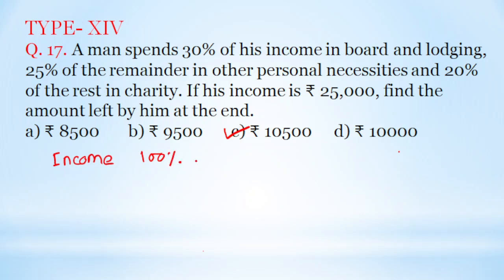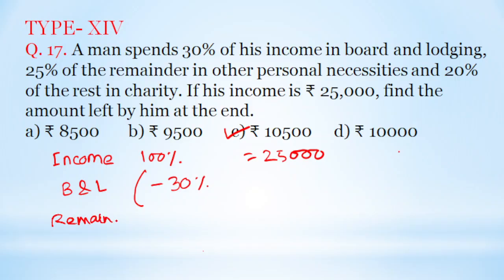Now this 100% is equal to 25,000. Now the man spends 30% on board and lodging. Spends means deduction. That means the man spends 30% of it. So here the remainder is 70%.